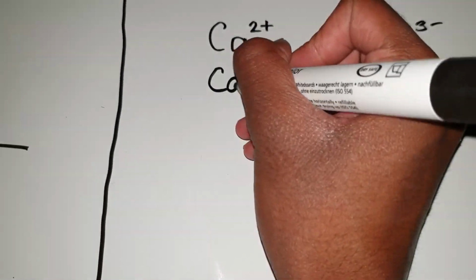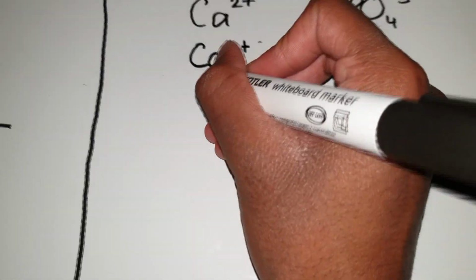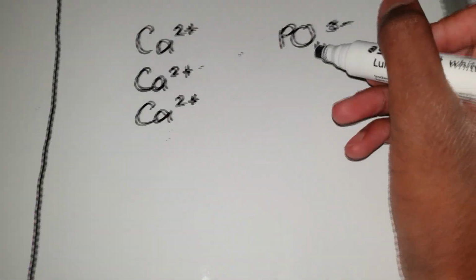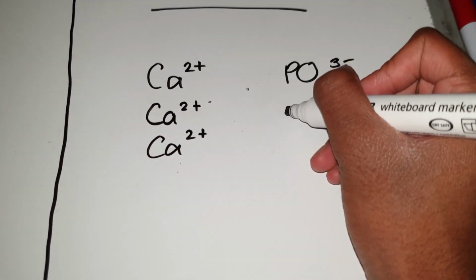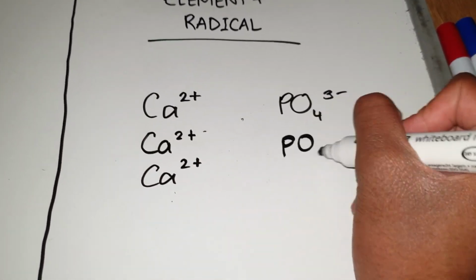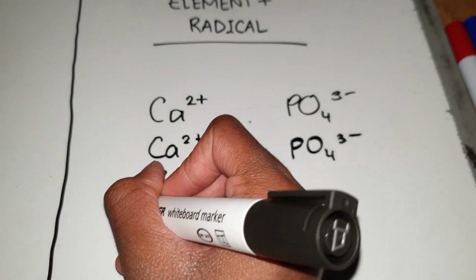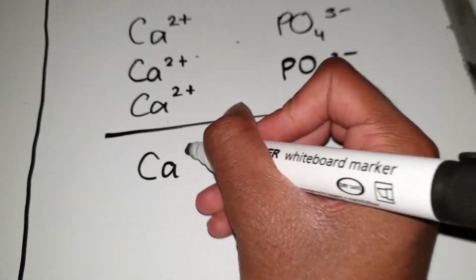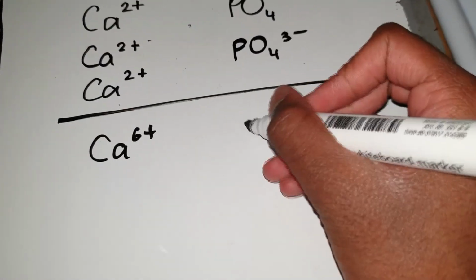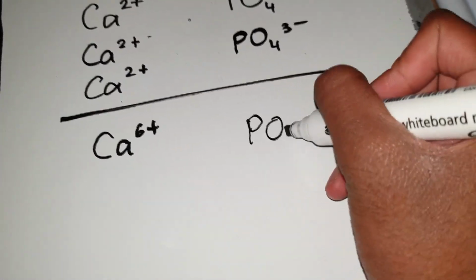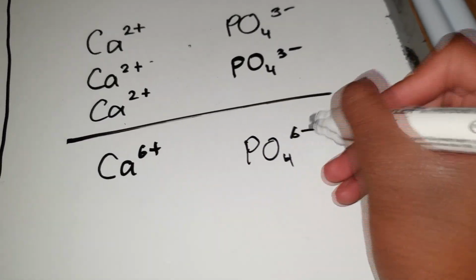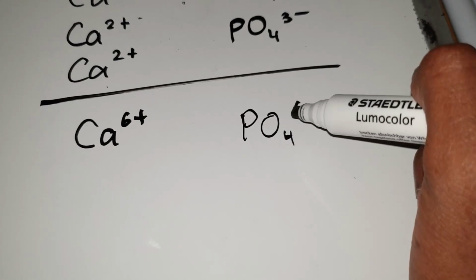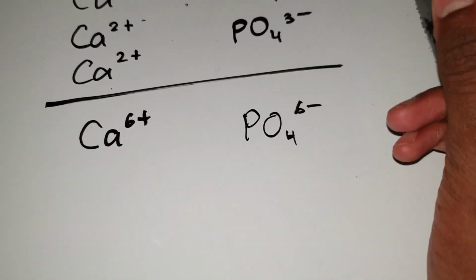So we can write calcium 3 times. And we can write phosphate 2 times. And then when we add them up, we get Ca 6+, and we get PO4 6-. So we get the same absolute value of charge, except that they are just opposite.